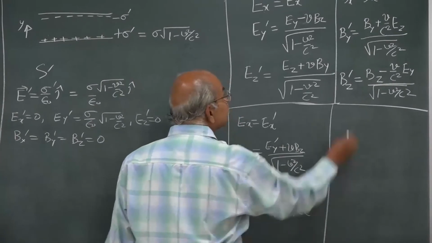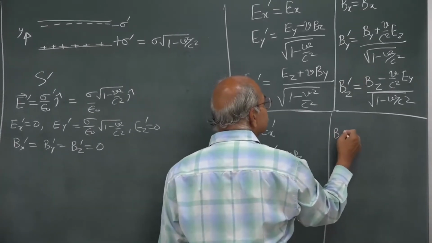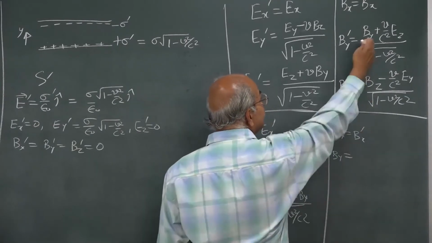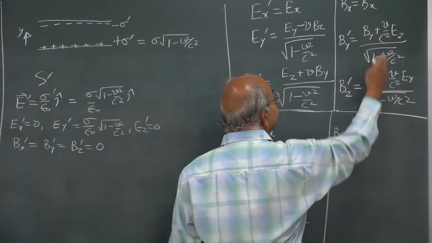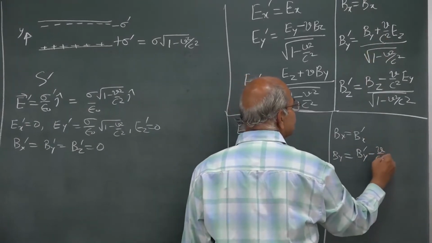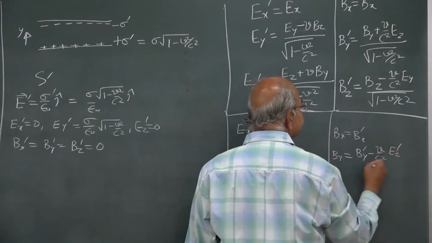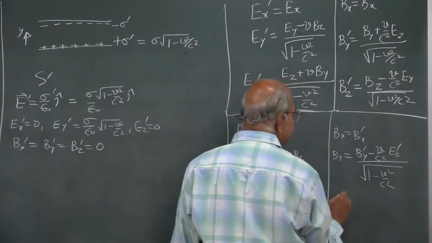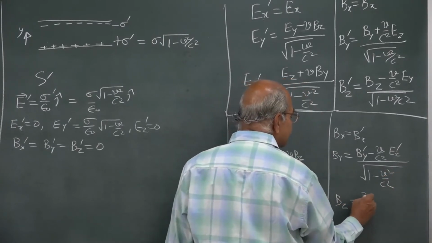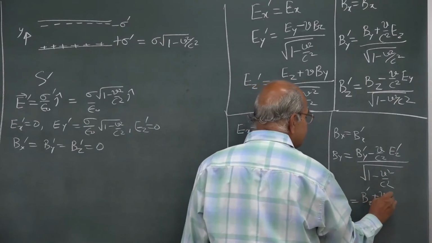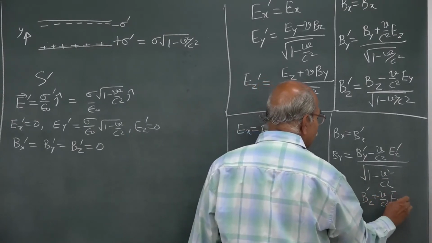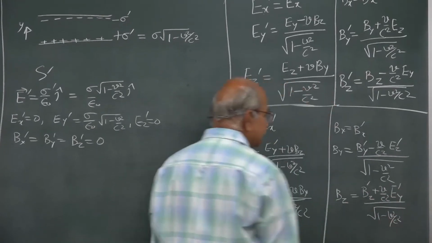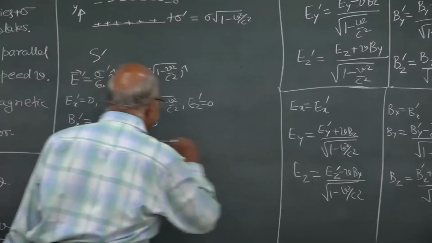Bx is Bx prime, and By is By prime minus V by c square Ez prime divided by square root 1 minus V square by c square, and Bz will be Bz prime plus V by c square Ey prime divided by square root 1 minus V square by c square. These are the inverse transformations. So, let us start writing.